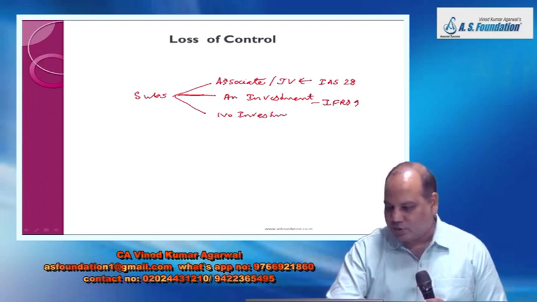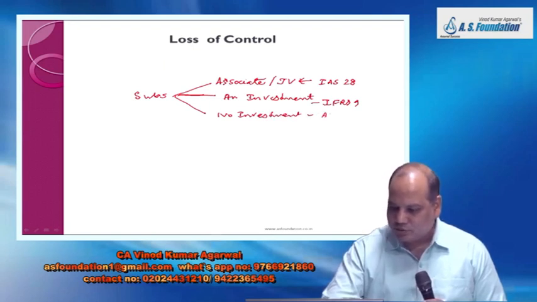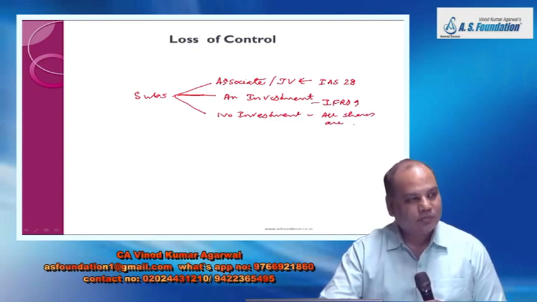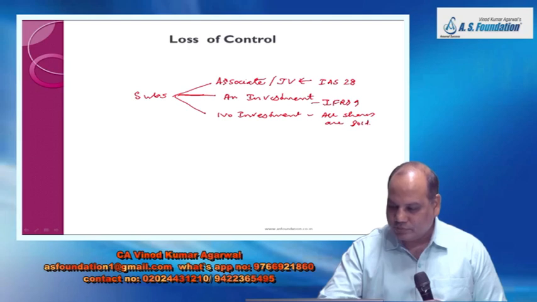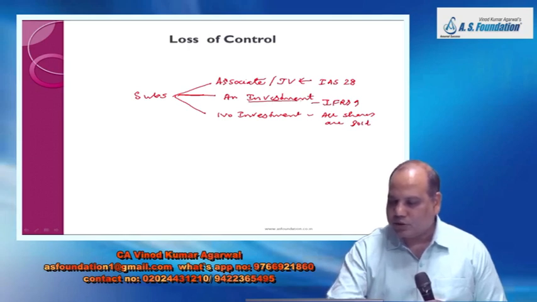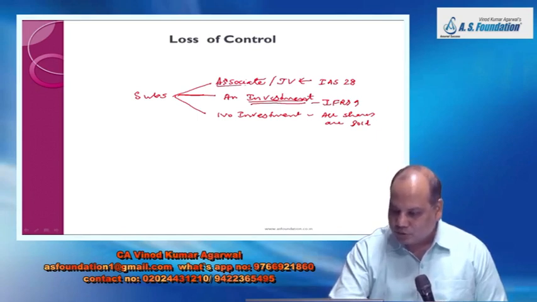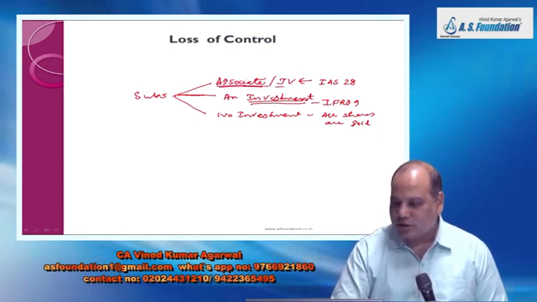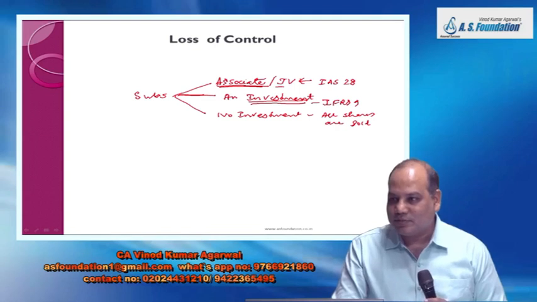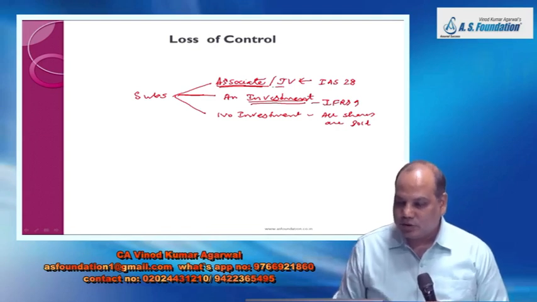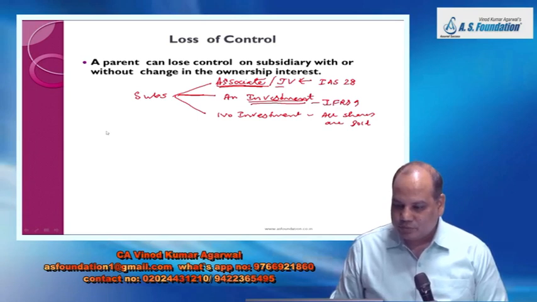What is no investment? All shares are sold. Here you may hold some stake like 5, 10, 15%. Here you may hold 20, 30, 40%. So what is the treatment now?